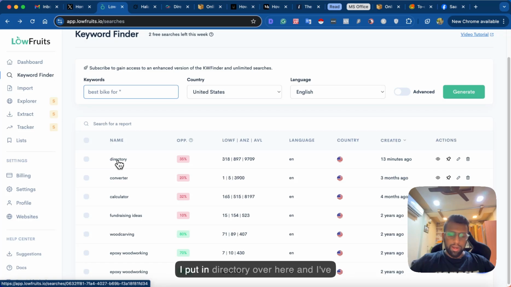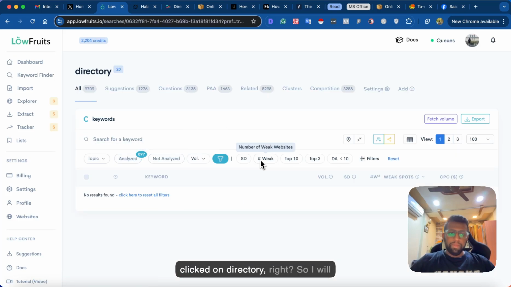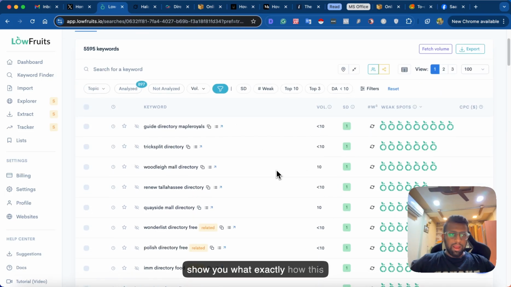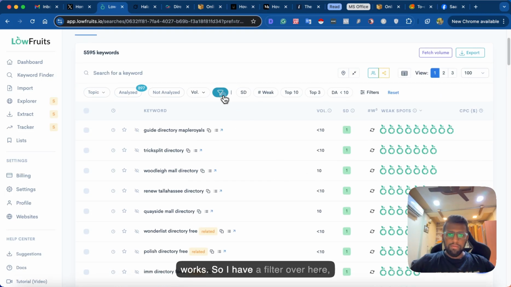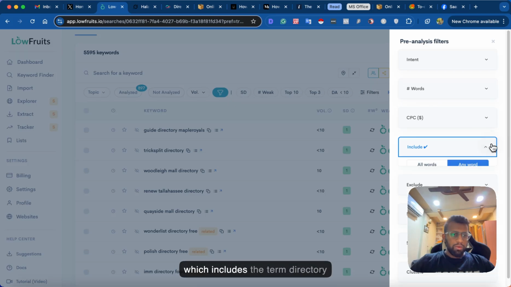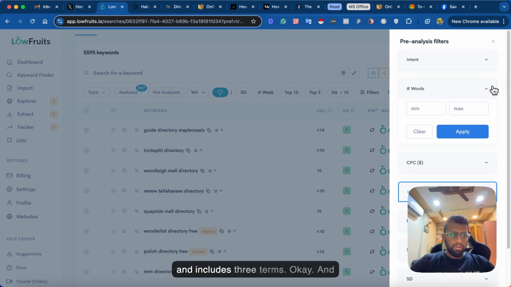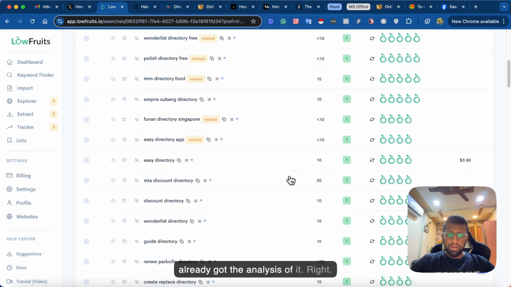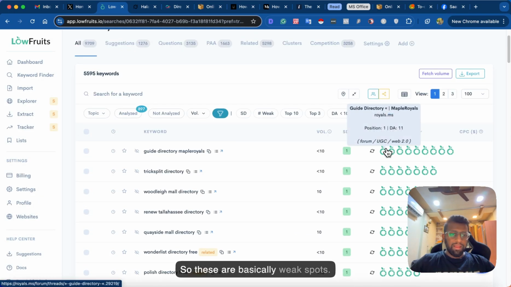So I put in directory over here, and I've clicked on directory. I will show you exactly how this works. I have a filter over here which includes the term directory and includes three terms, and I have already got the analysis of it. These are basically weak spots.